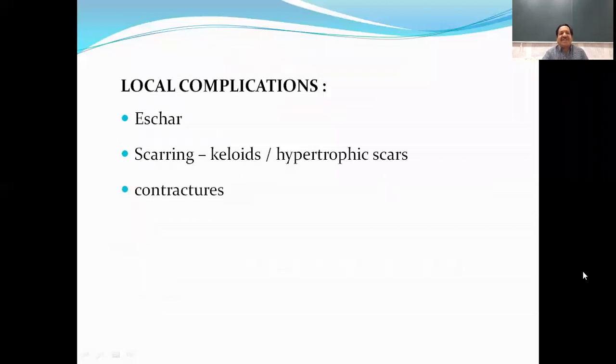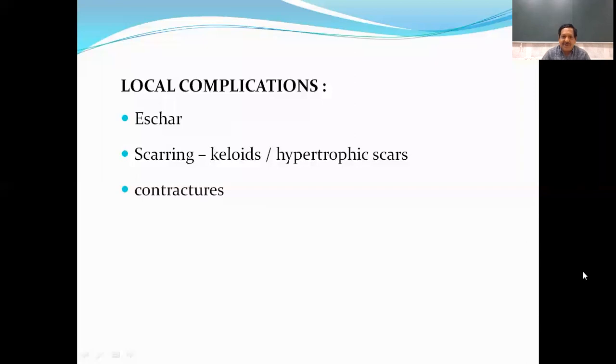Local complications can occur. We have seen how eschar, you have to do escharotomy, and scarring may result in keloids or hypertrophic scars. This scarring, in the long term, maybe after 10 or 15 years, in a burn scar, is notorious for causing Marjolin's ulcer.